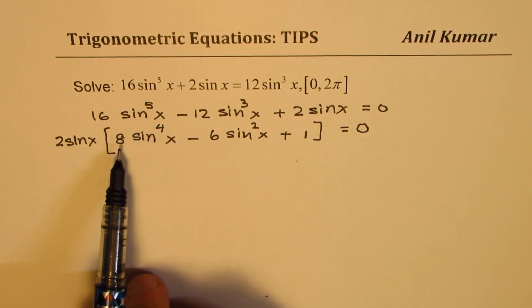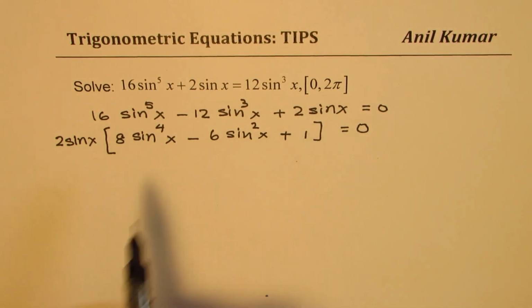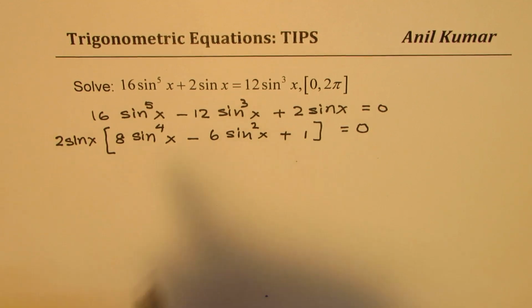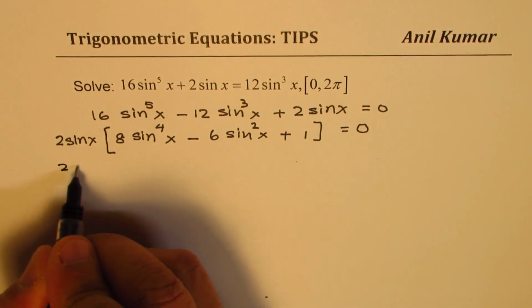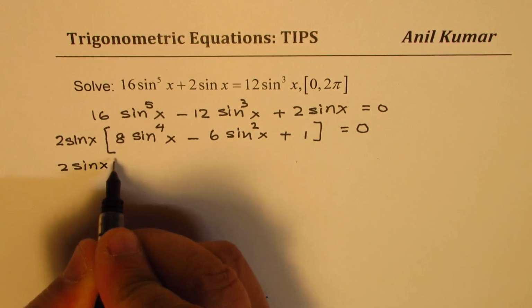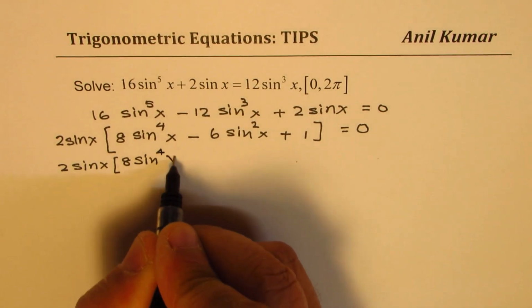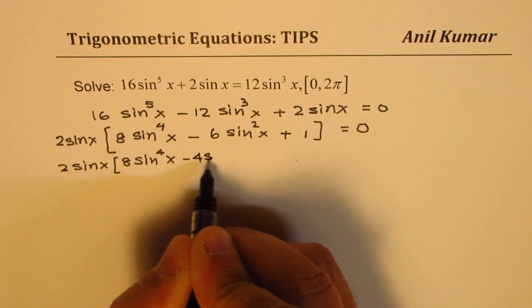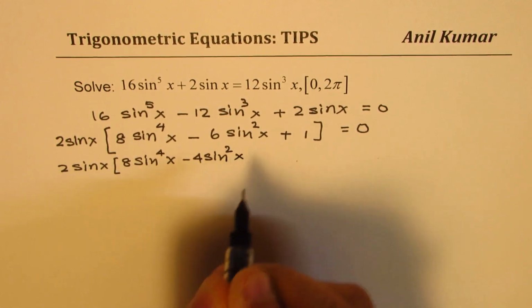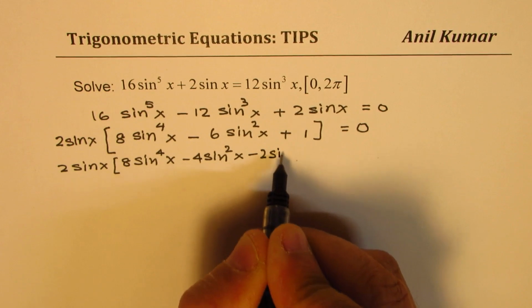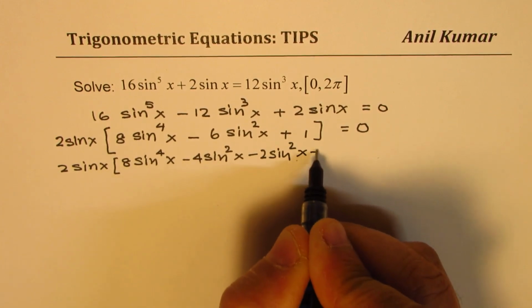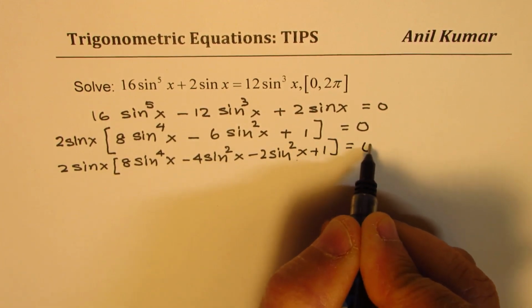We're looking for a product of 8 and sum of minus 6: 4 times 2, both negative. So we get 2 sine x, 8 sine to the power of 4 x minus 4 sine square x minus 2 sine square x plus 1 equals 0.